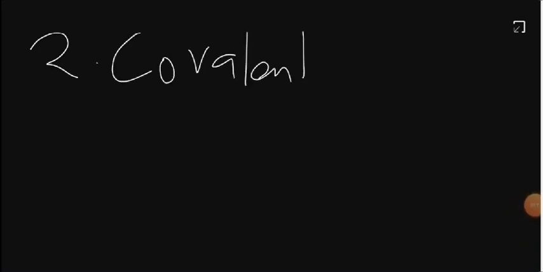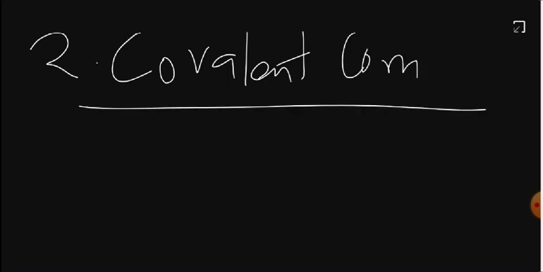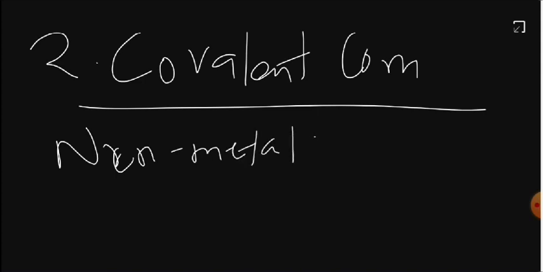Let's look at covalent compounds, or covalent bonding in short. So covalent bonding is a bonding between non-metals and non-metals.